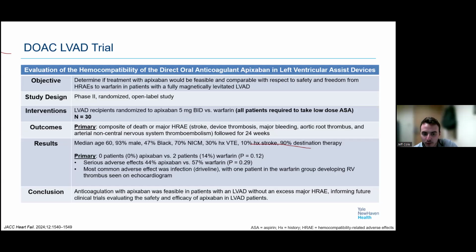Yeah, in the non-LVAD population, there is a role for patients that are on DAPT, or maybe on triple therapy for a certain amount of time. The guidelines do recommend starting patients prophylactically on a PPI.